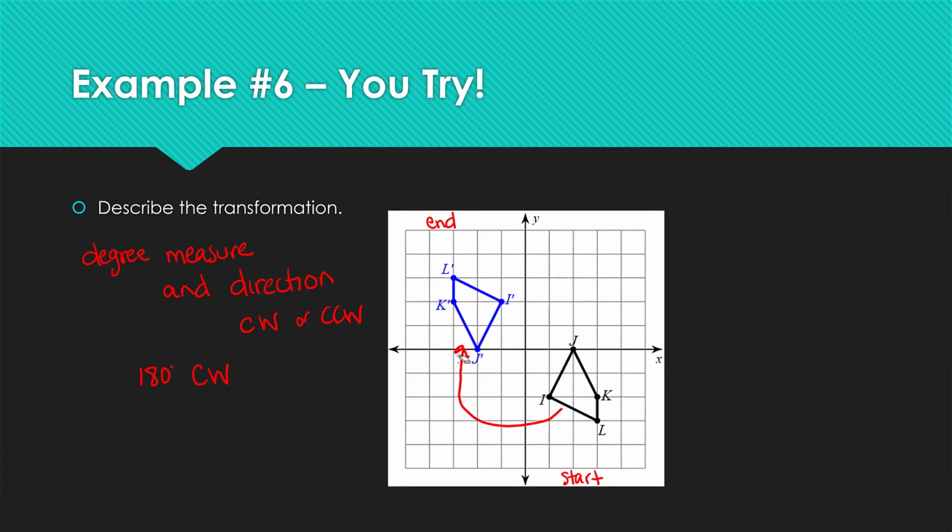Or we can talk about this being counterclockwise, and we still move 2 quadrants, 180 degrees counterclockwise. So it doesn't matter which way you use it, and you could even just say 180 degrees, because the direction doesn't matter when you do 180.